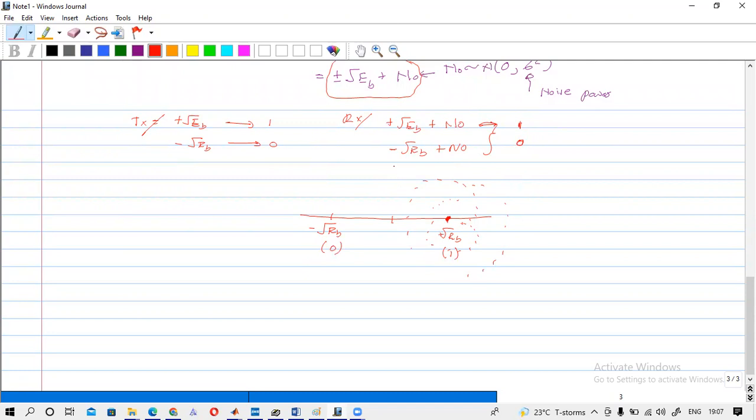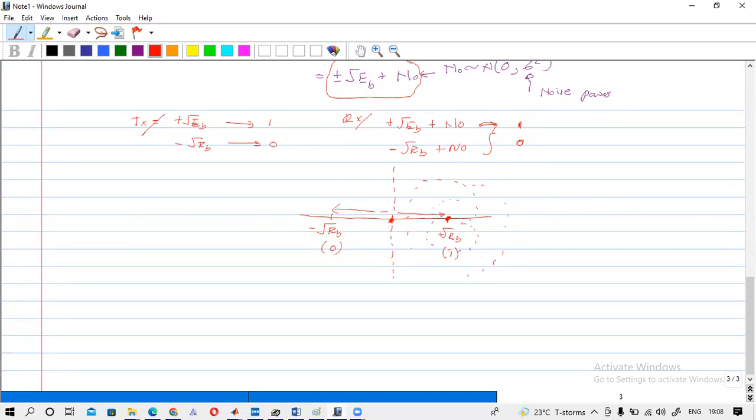For that we use a decision boundary. This decision boundary has the same distance to this side symbol and this side symbol, because these are equally probable bits.